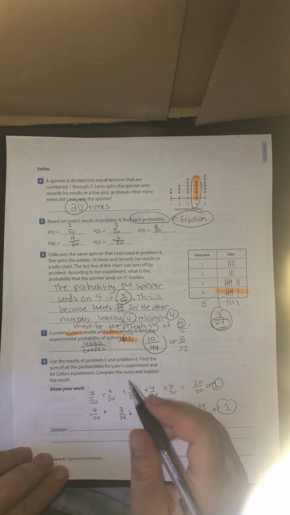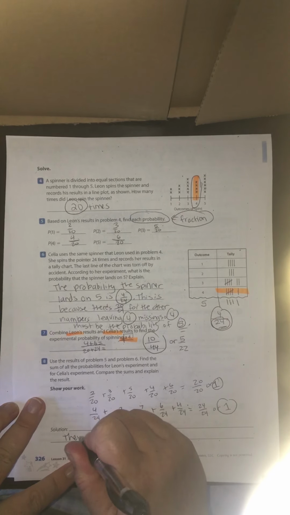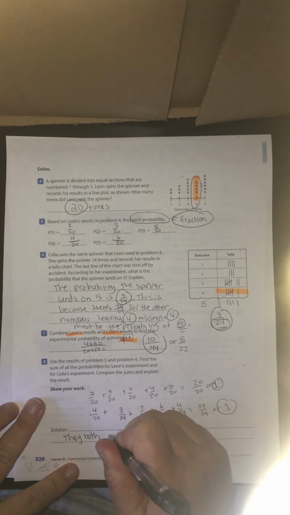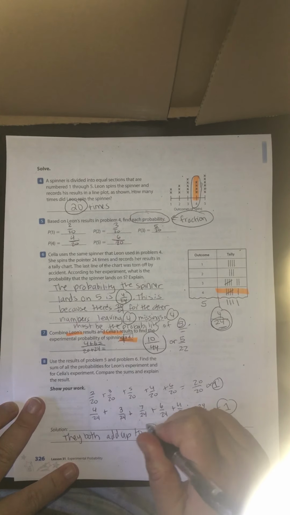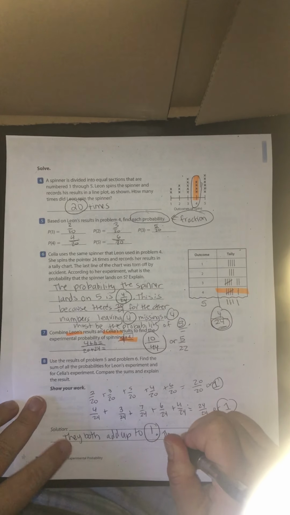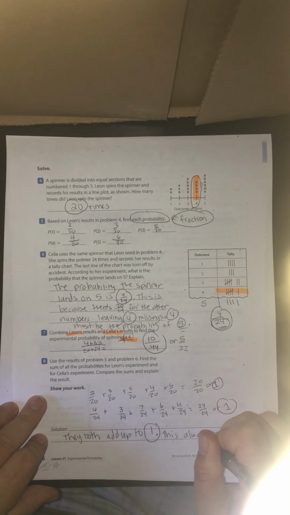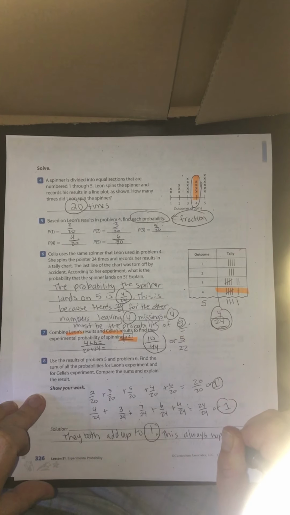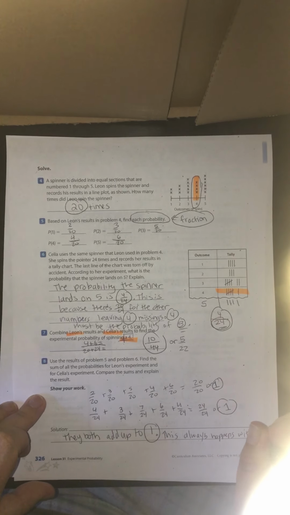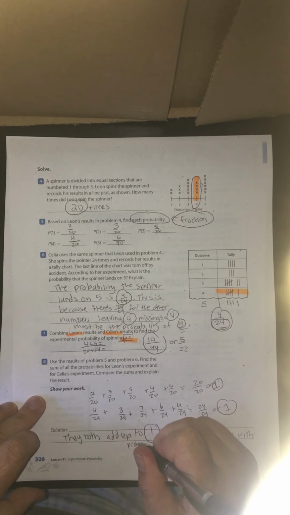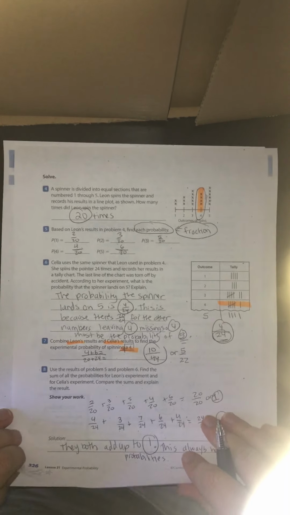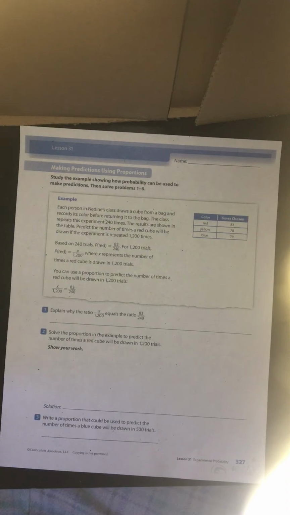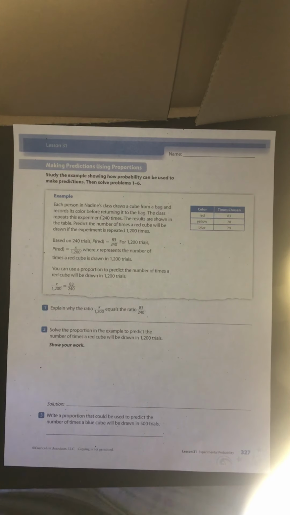Okay, compare the sums and explain your result. They both add up to 1. This always happens with probabilities. All right, so you got that. That is going to be 325 to 326.